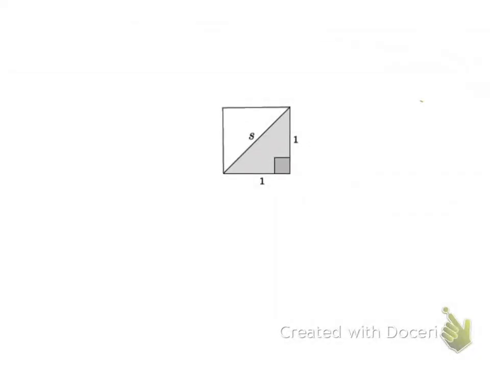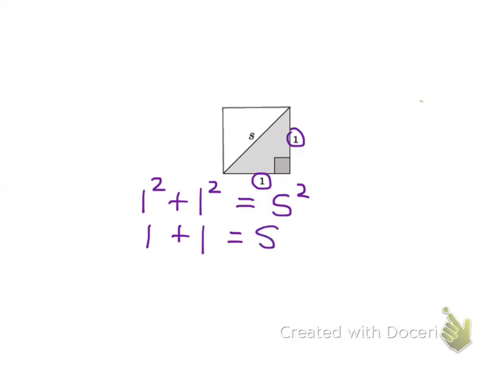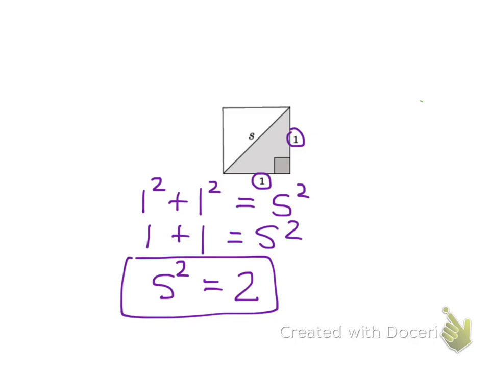So one thing I know here is that 1 squared plus 1 squared, both of the legs have a length of 1, is equal to S squared. 1 squared is just 1. And so we know that for this unit square, the diagonal S squared is equal to 2.